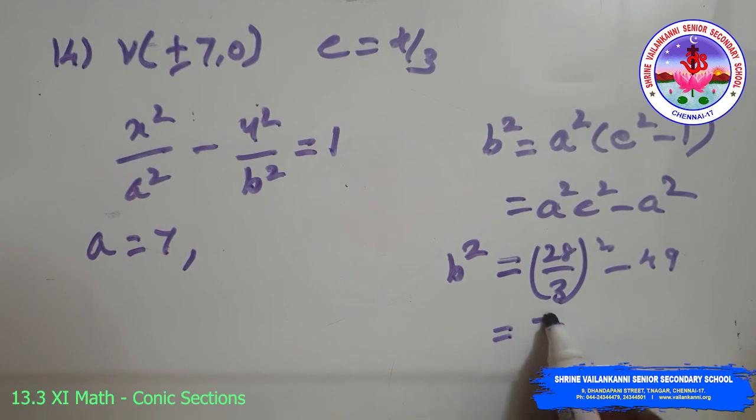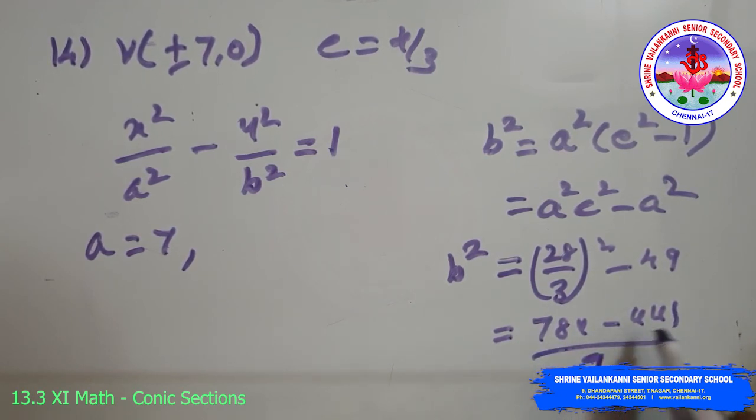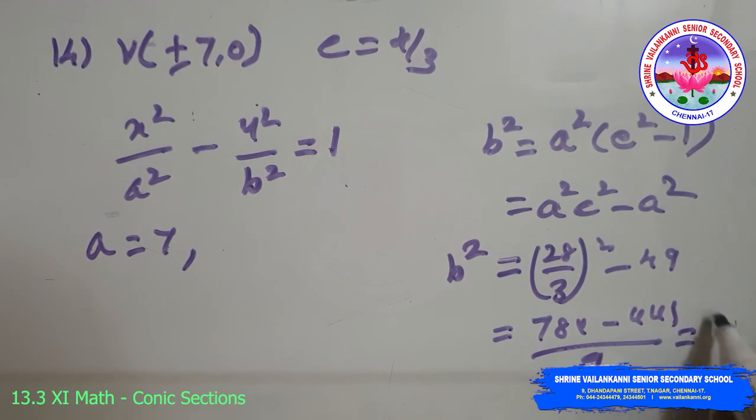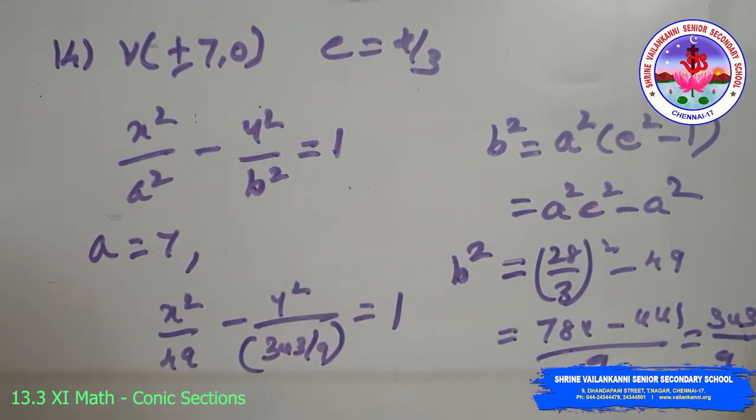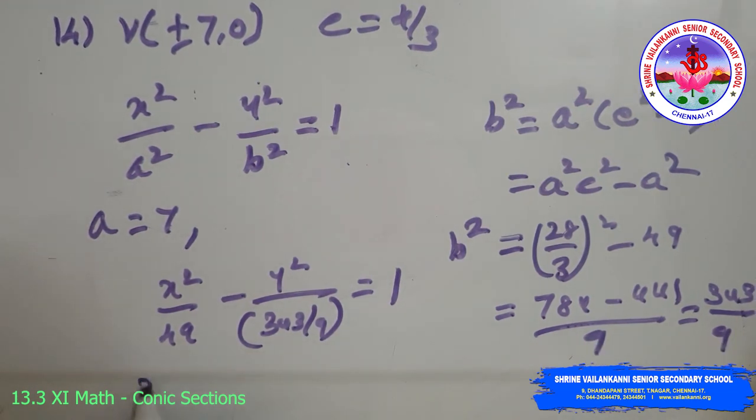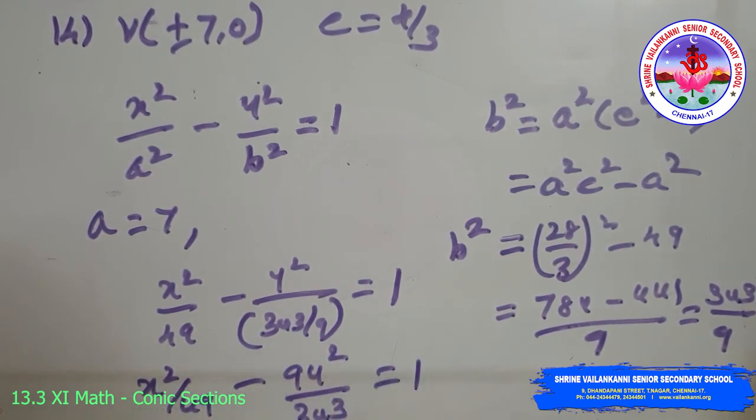Simplifying this, we get (784 − 441)/9, which is 343/9. The equation of the hyperbola is x²/49 − y²/(343/9) = 1. Or we can write this as x²/49 − 9y²/343 = 1.